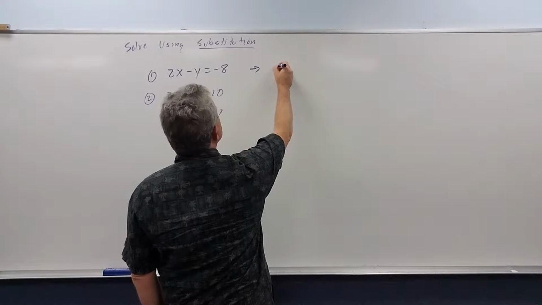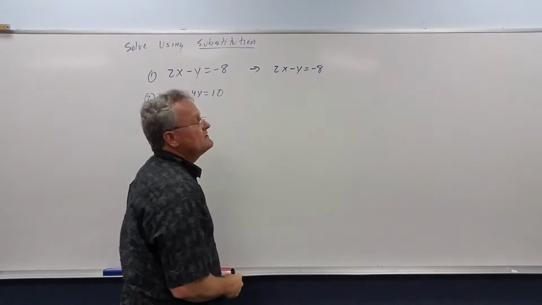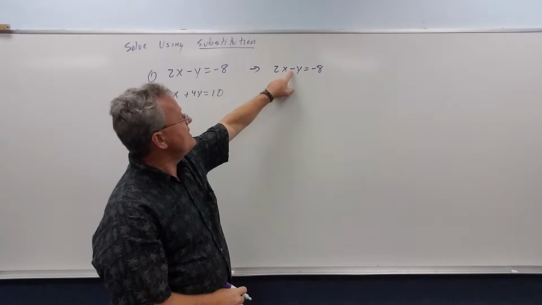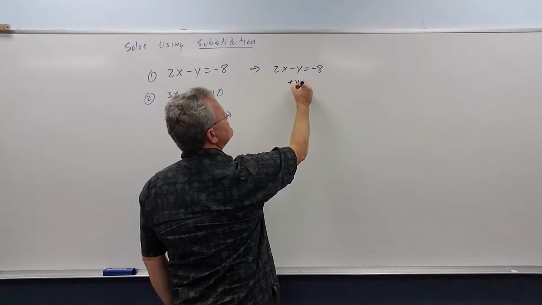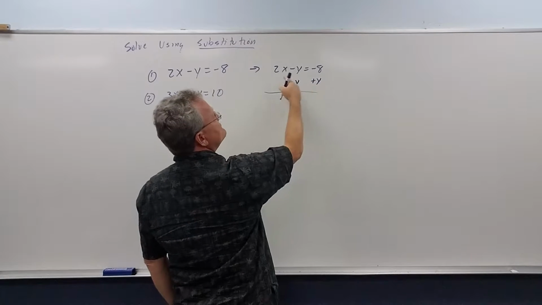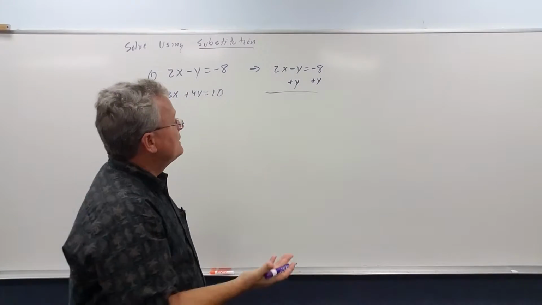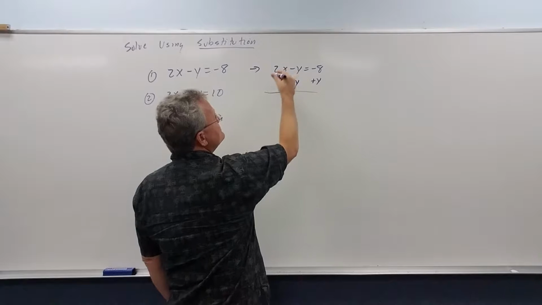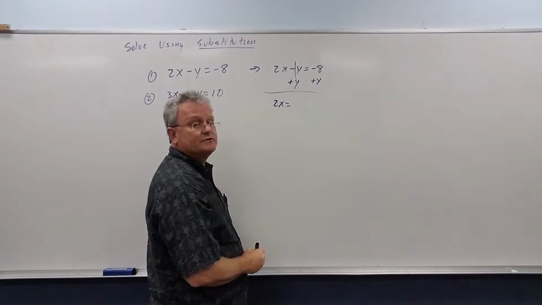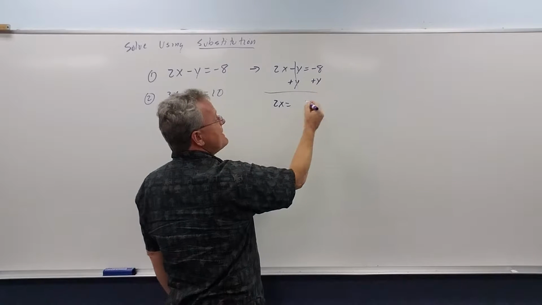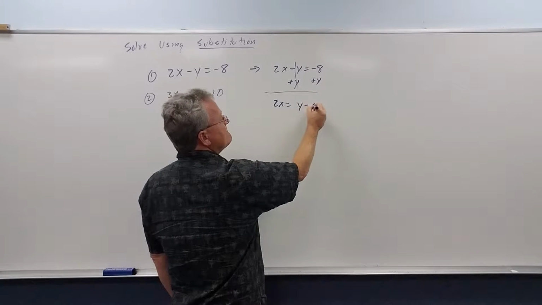So let me first just rewrite this. 2x minus y equals negative 8. To solve for y, if I add y to both sides, I could have subtracted 2x, that would work as well, but I'm going to add y. So we get 2x equals negative y plus y is 0, and we get y minus 8, which is the same as minus 8 plus y.